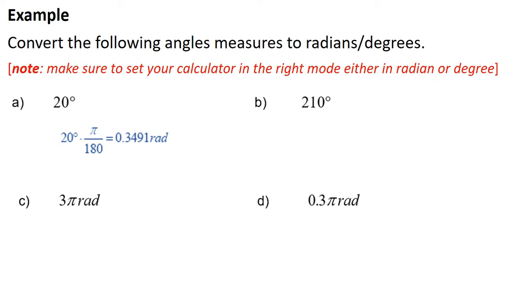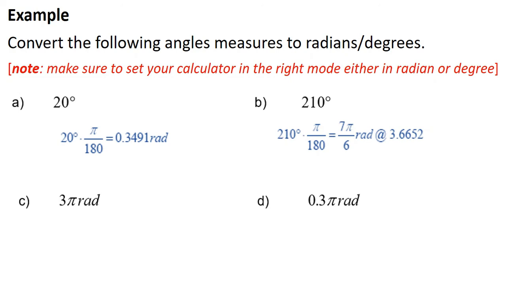We need to make sure the calculator mode is in radian because we want to change from degrees to radians. Therefore, we only have to multiply 210 degrees with pi over 180 degrees and we will get 3.6652 radians.